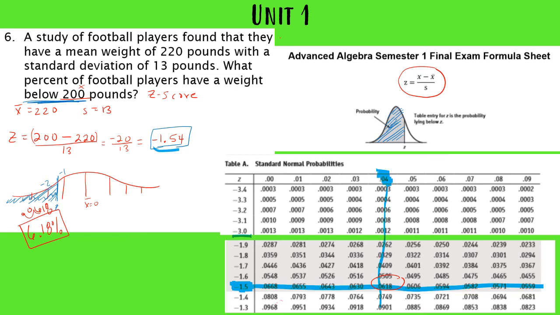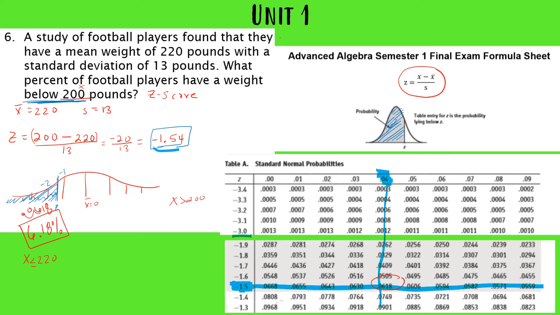Just as a heads up, that is anything to the left of, or less than, 220 because I shaded it to the left. As a reminder, this whole curve adds up to 100%. So if I were to ask you what's greater than that 220 pounds, that would be everything shaded to the right, the remainder of my graph.